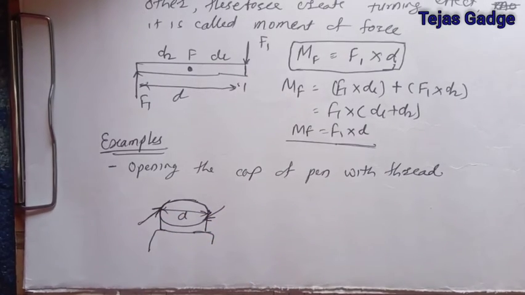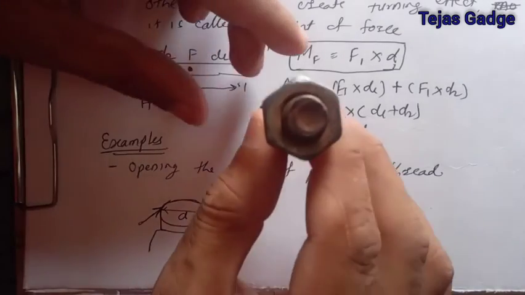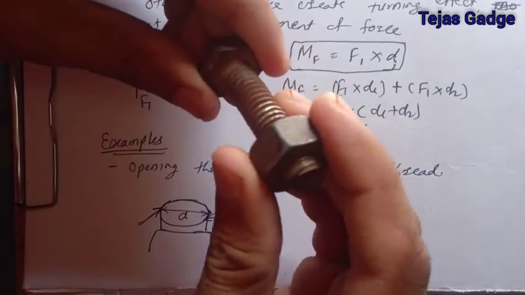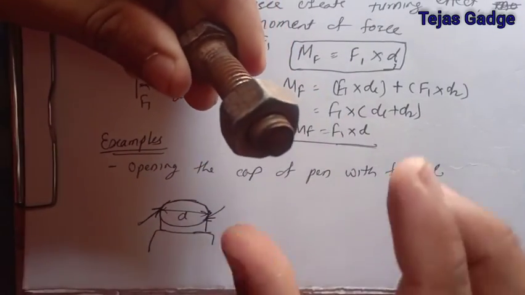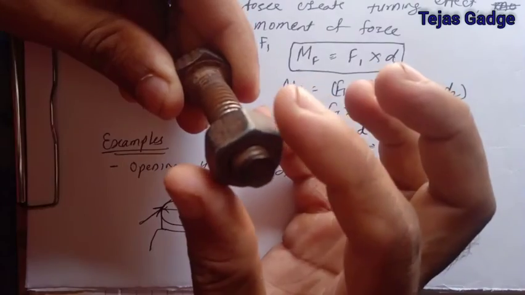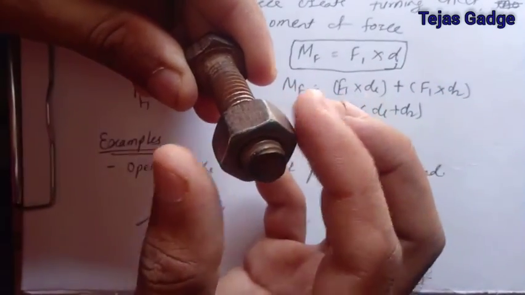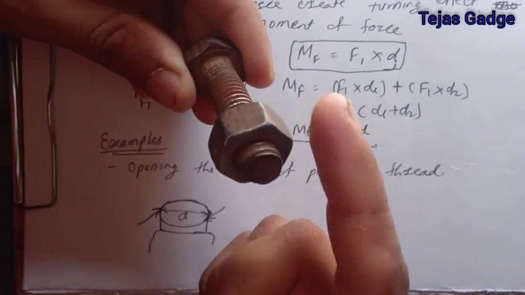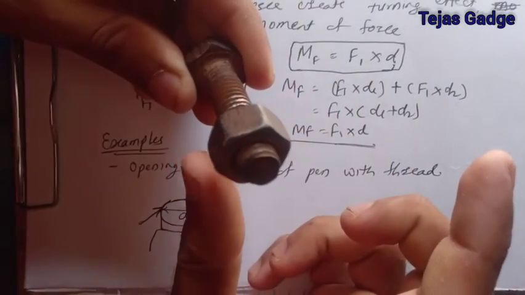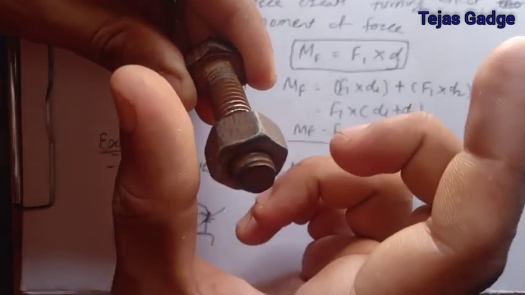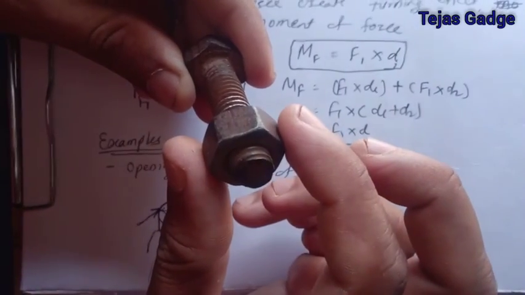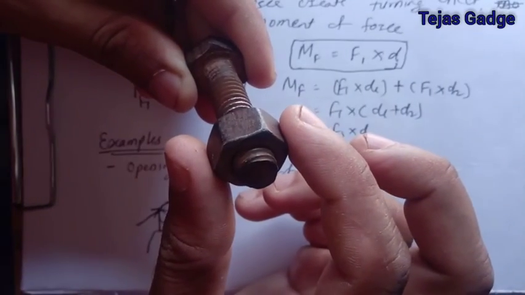This will happen similarly for a nut and bolt arrangement also. We have seen that, so check again. Here is a couple, because I am holding it at both ends and applying forces. At this end I apply force in the downward direction, at this end in the upward direction. So they form opposing forces.